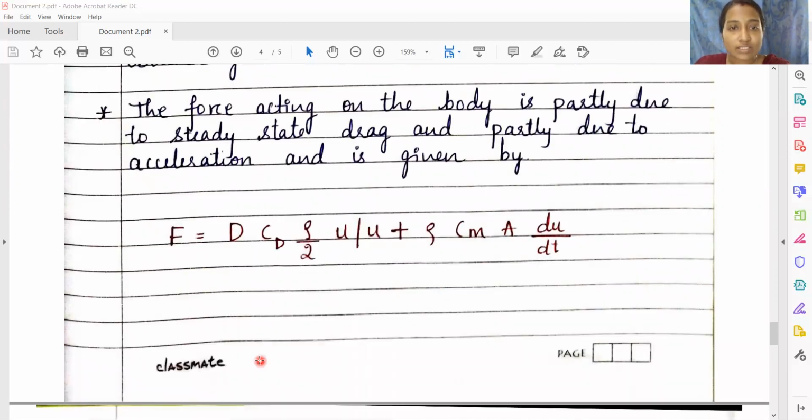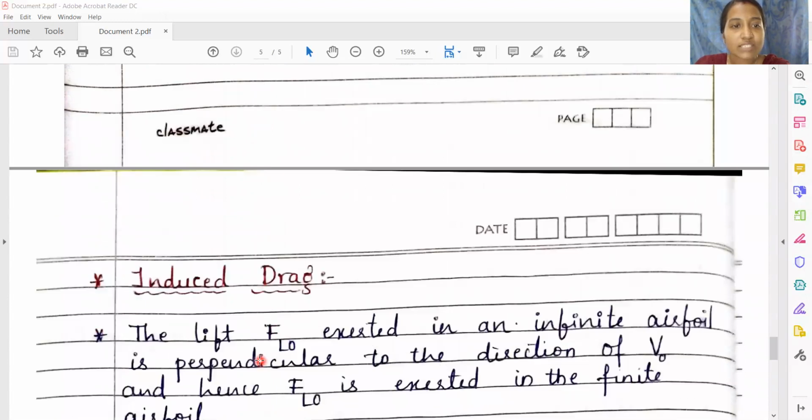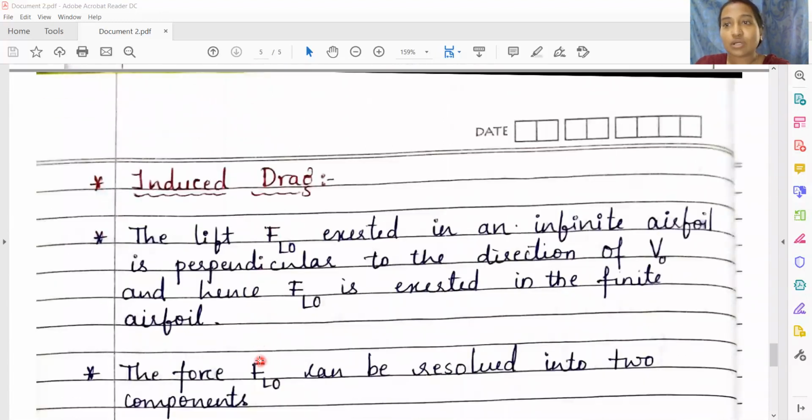Next is our induced drag here. So what is this induced drag? The lift force F_LO exerted on an infinite airfoil.